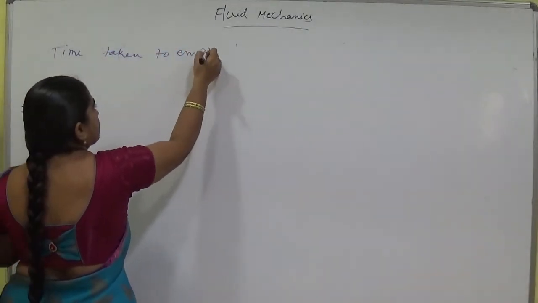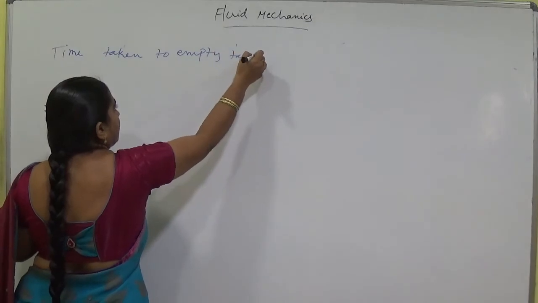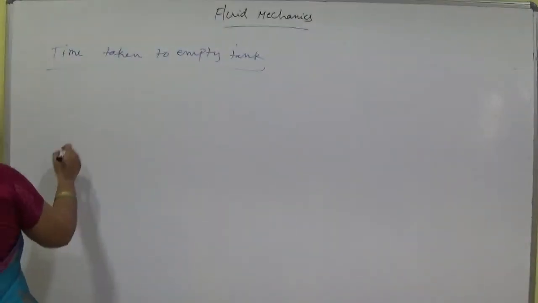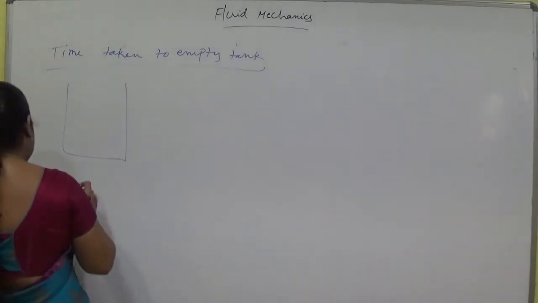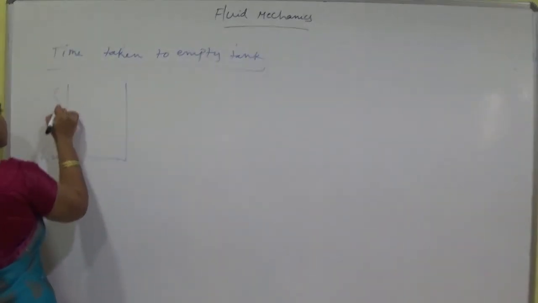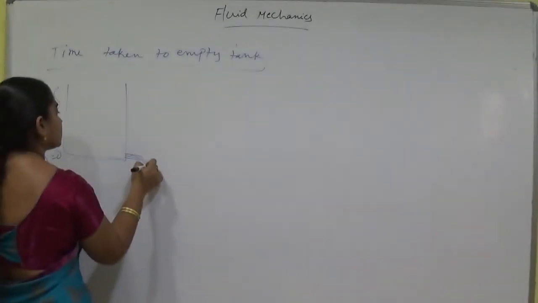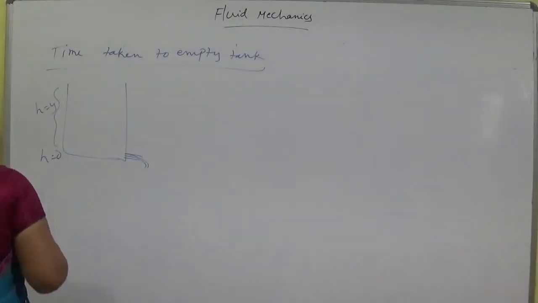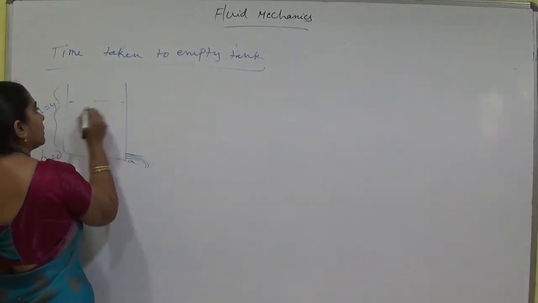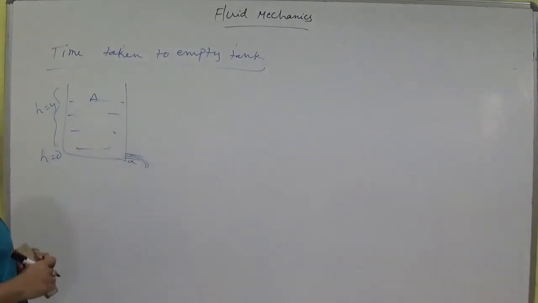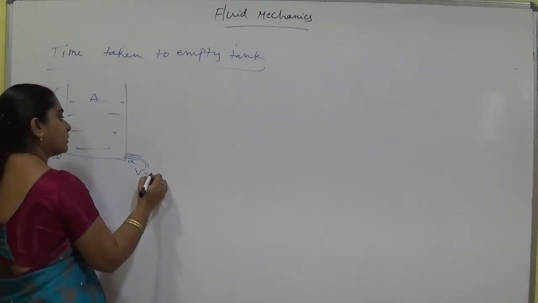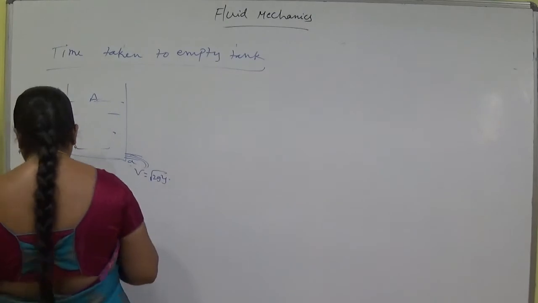This is the last topic, emptying a tank. The area of cross section of the orifice is small a. V is equal to root of 2gy.